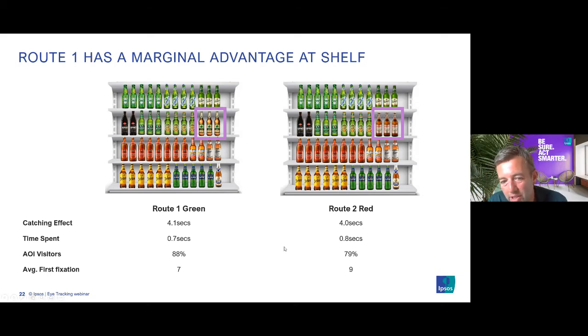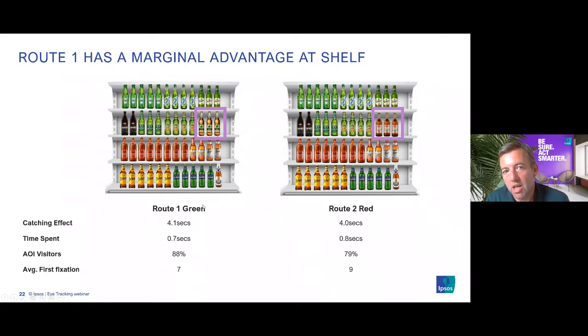What's interesting between the two is that directionally, we're getting a few more visitors for route 1. So, despite this potentially very interesting new bottle cap here, there is an advantage in terms of the amount of visibility, if I can call it that, the amount of people fixating on that design.